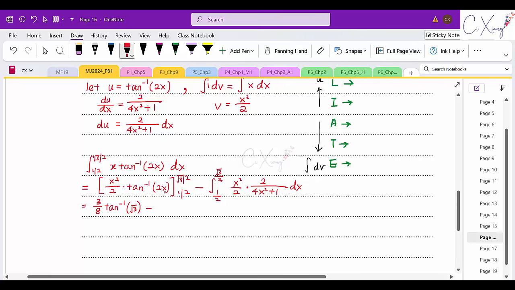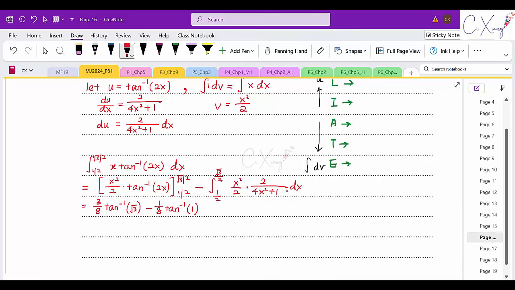Then minus. I want to substitute 1 over 2 into the equation. 1 over 2 squared gives 1 over 4, divided by 2 gives 1 over 8. Substitute 1 over 2 into the x here, you have tangent inverse 1. This is after I substitute the limit into my first term.